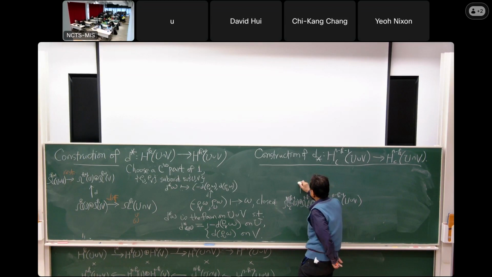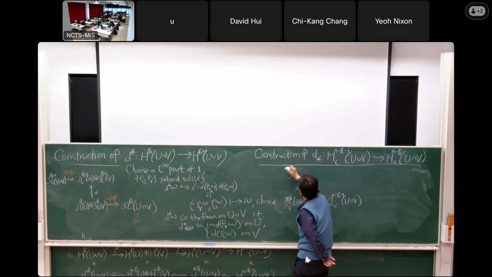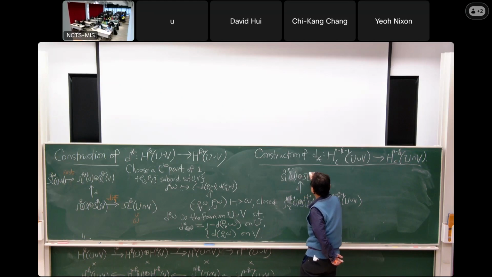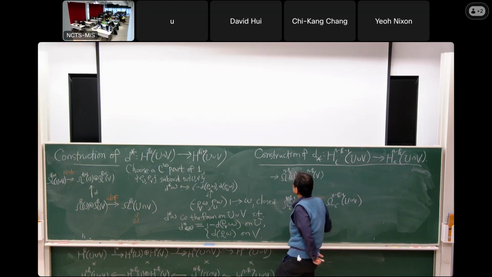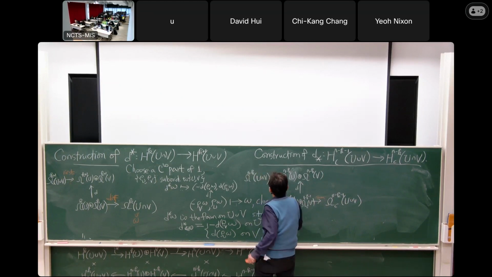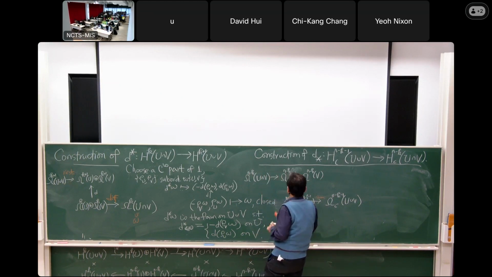And then we take d, and then this should come from omega m minus k of the intersection. Okay, and this should be the sign inclusion.